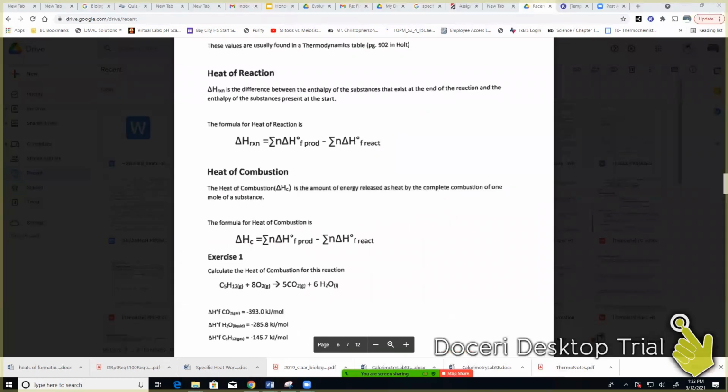So the delta H of reaction, we're subtracting between the enthalpy of the substances that exist at the end of the reaction, which would be our products, and the enthalpy of the substances that start the reaction, which would be our reactants.